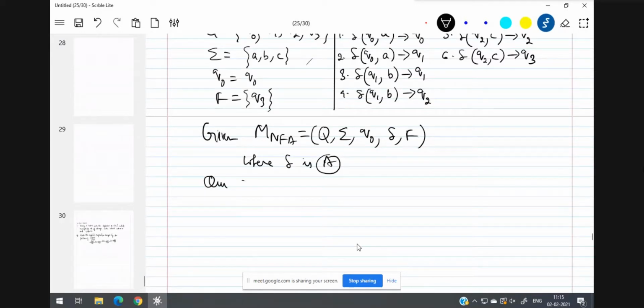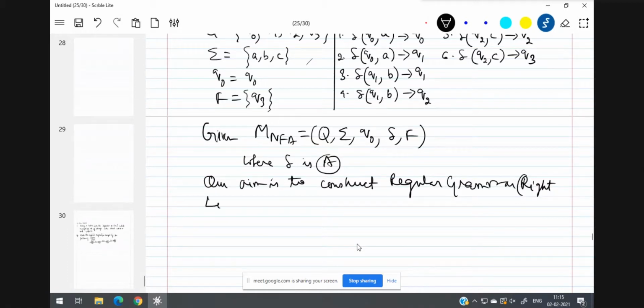Our aim is to construct a regular grammar, and I have already told you to mention whether it is left linear or right linear. In my case it is going to be right linear.